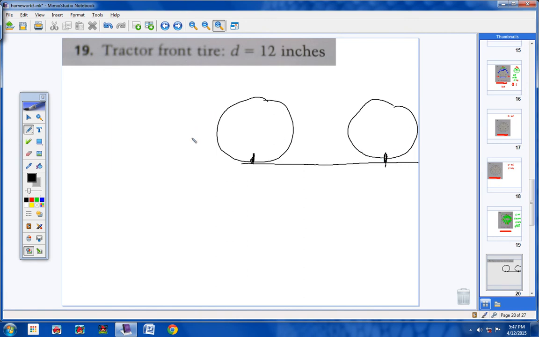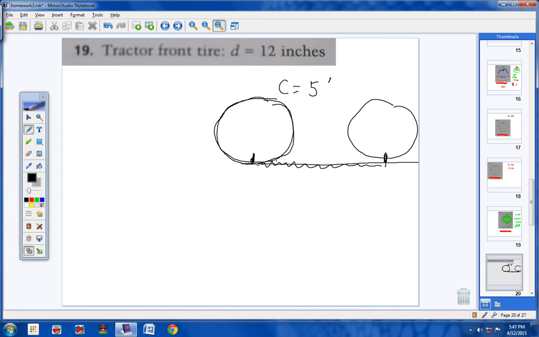That's called one revolution. Now here's what I don't want you to miss. Please listen carefully. One revolution of a circle equals the distance traveled on the ground. So let's just pretend that the circumference of this circle, I'm just making this up, is, I don't know, 5 feet, okay?